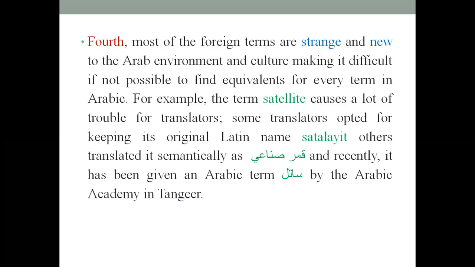The third one is to invent a new term which reflects its meaning or its usage, such as قمر صناعي. So what strategy is the best to be adopted? Many people say satellite, and many people say قمر صناعي.